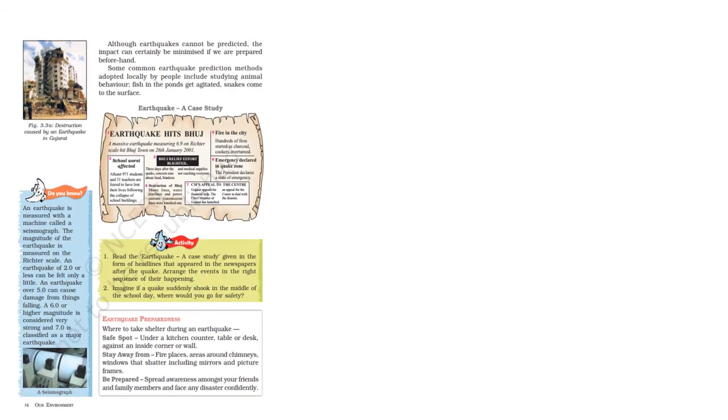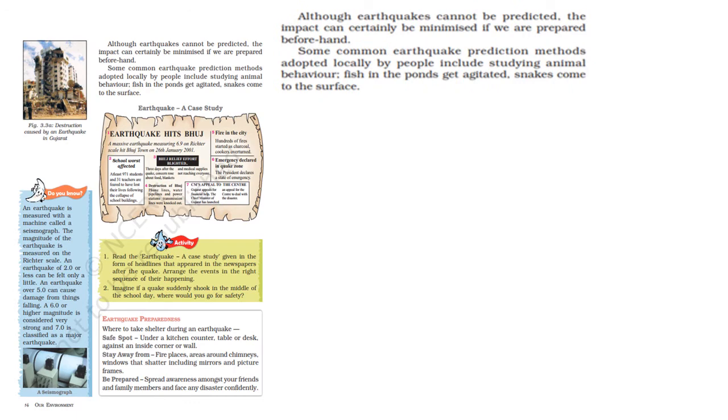We know that when an earthquake occurs, it causes huge loss of life and property, and buildings collapse. Although earthquakes cannot be predicted, the impact can certainly be minimized if we are prepared beforehand.